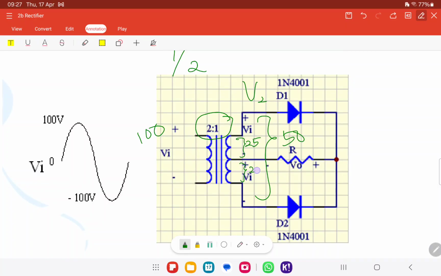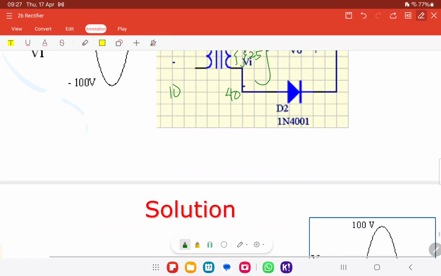It must be divided, as long as the total is 50. If here is 10 and I change the ratio to 1:4, then here is 40, so it is divided by 2, 20 and 20. It depends on the ratio.